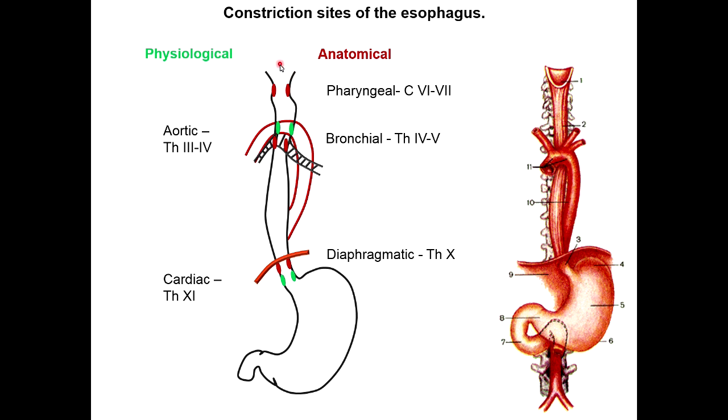So this process of entering this instrument, fibrogastroscope, inside the esophagus could be difficult in these narrowing places. So it's danger to damage it during process of entering through these narrowing places of esophagus.